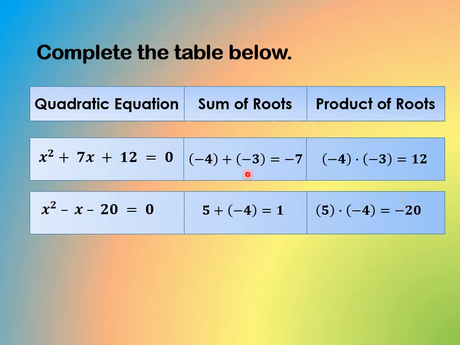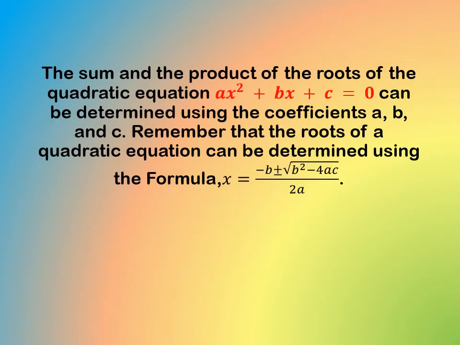So, para makuha ang sum of roots at saka product of roots, kailangan pa natin isolve yung value ni x o yung value ng variable. Okay? Pero, may madaling paraan. Okay?